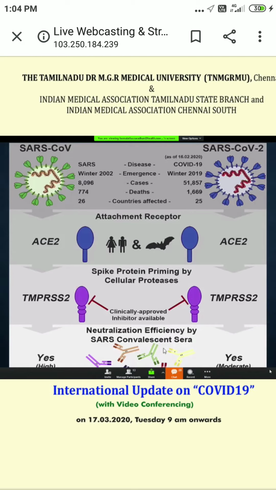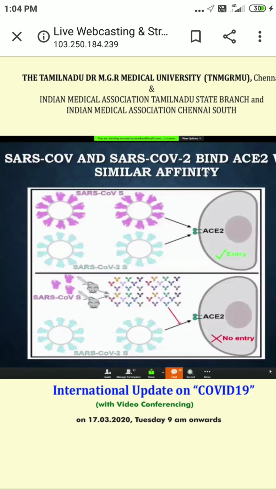And as the previous speaker said, people have found that the convalescent sera from patients who had suffered SARS actually neutralizes the SARS-CoV-2, but not to a greater extent. And that is probably because of the similarity in affinity that it exhibits with the binding site, as well as in the spike protein.